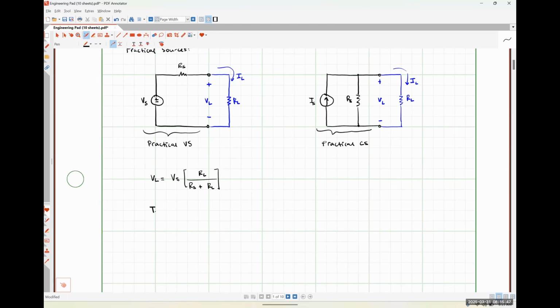To find my load current IL, I'm just going to use Ohm's law. So that would be my total voltage Vs simply divided by RS plus RL. Before I move on from our analysis of the left-hand circuit, does anybody have any questions about where those results came from?